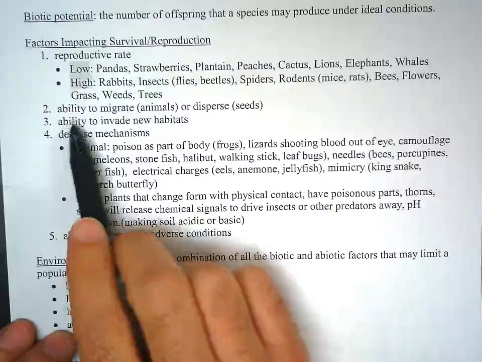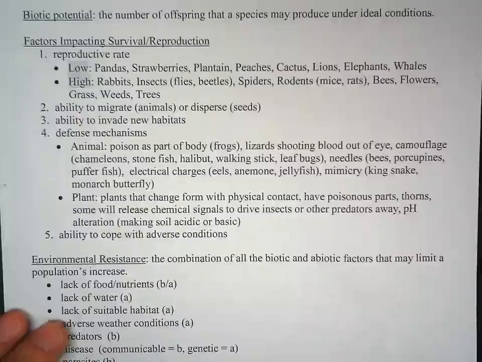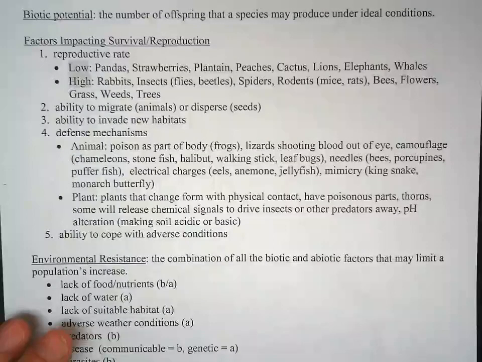All right. Ability to migrate for animals or disperse for seeds. For animals, if they can migrate, then if some kind of environmental resistance factor comes into their area, like a competing predator, or maybe climate change is changing their environment, if they're able to move to other areas and have the ability to survive there, then that increases their survival and reproductive chances.